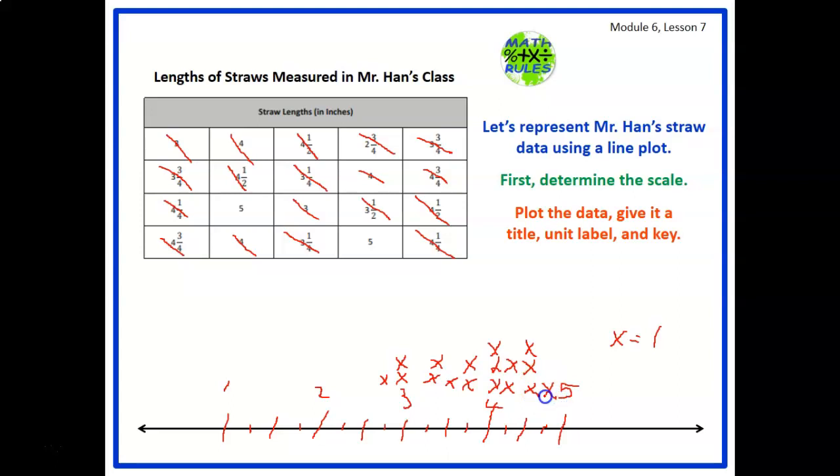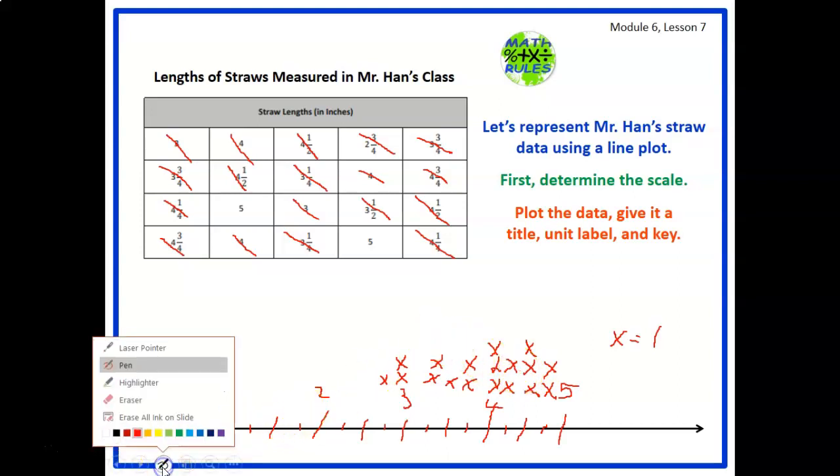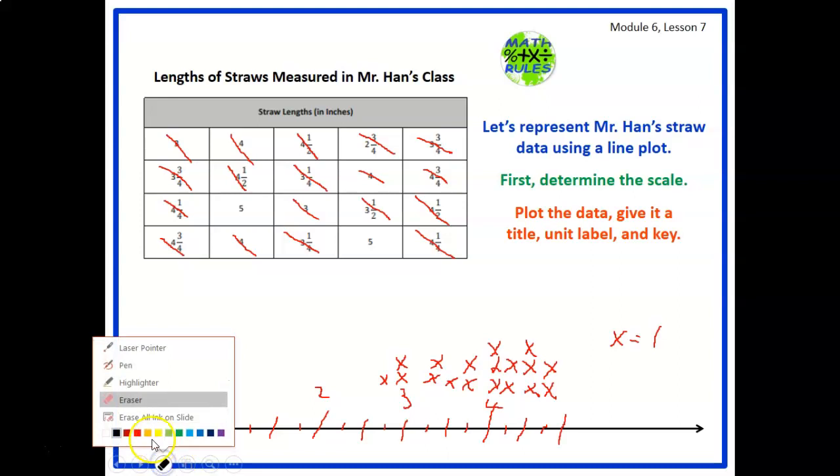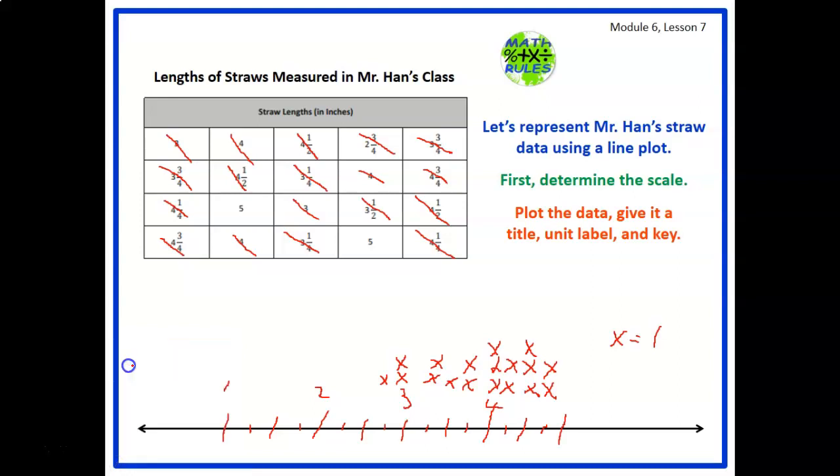Okay, so I've got all but the 5 done, and look, I did it again. I'm going to come up here and erase that 5 and move him down a little bit so that he doesn't get in the way.